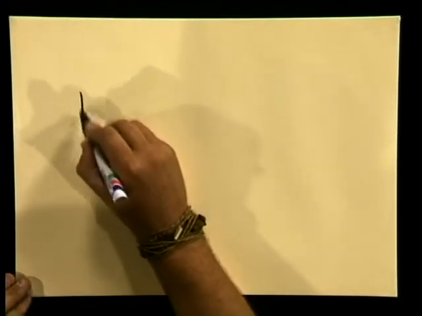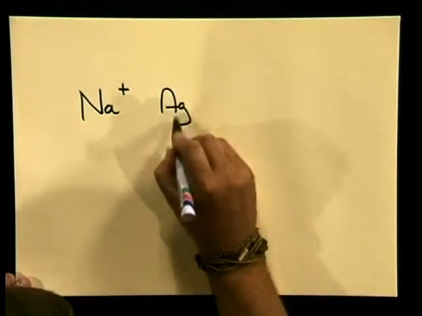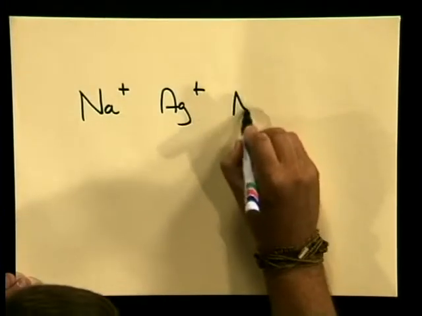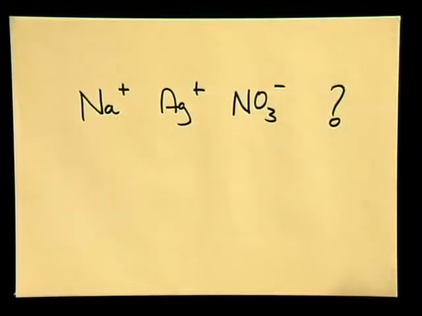Well, the answer to these questions lies in the solubility rules from the previous lesson. Right, let's start off by writing down the ions that we know are present in the solution. We know that there are sodium ions, there are silver ions, there are nitrate ions, and there's an unknown ion which I'll represent with a question mark.